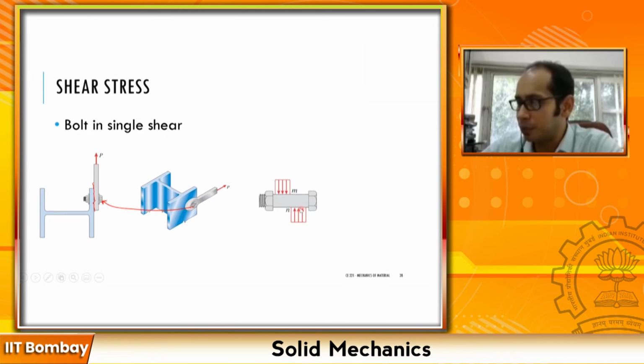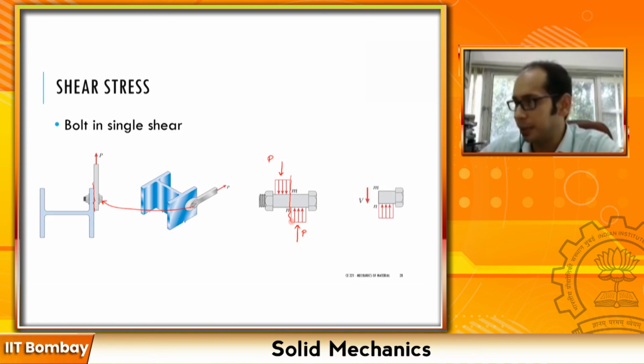If you take this bolt and draw the free body diagram, you have this particular force acting, the equivalent force P, and you must have an equal and opposite force P at this point. Again, the line of failure is this particular line over here.